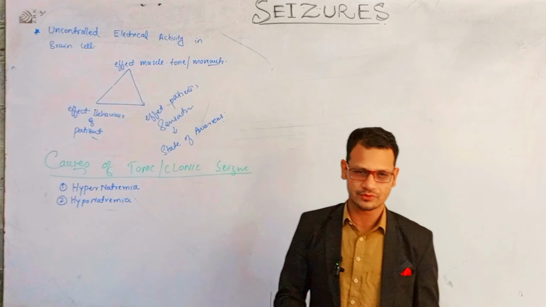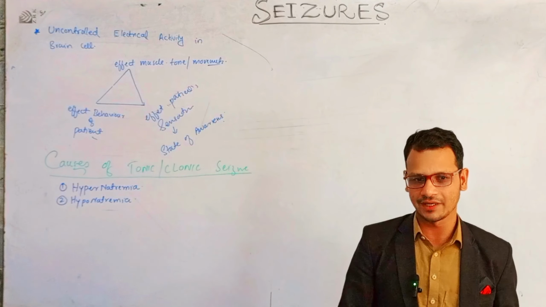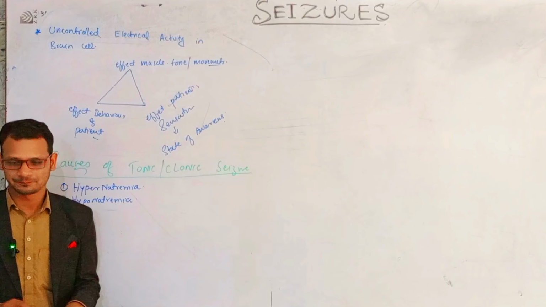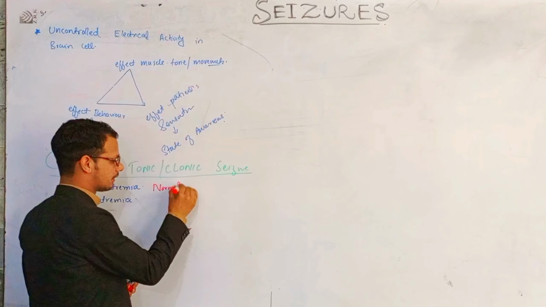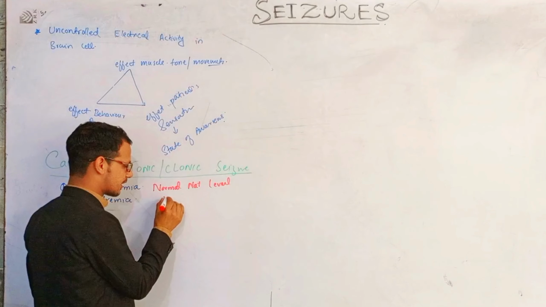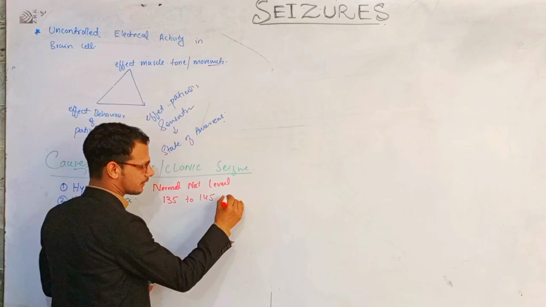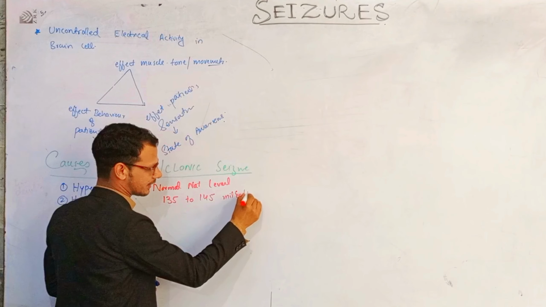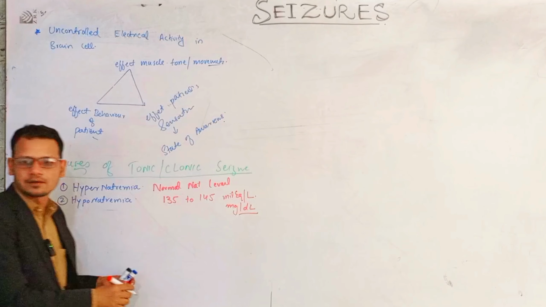What is the normal value of sodium? Normal serum sodium level. Normal sodium range or level in serum is from 135 to 145 milliequivalent per liter, right?